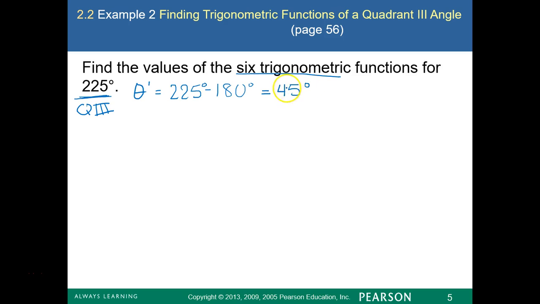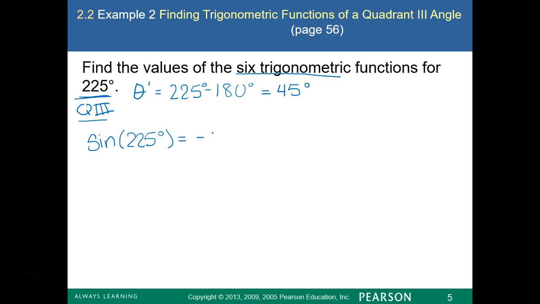All right, so whenever we go to find the values of our 6 trigonometric function values, for sine of 225 degrees, that is going to be the same as, well, sine values in quadrant 3 are negative. That's why I needed to remind myself that it's in quadrant 3.